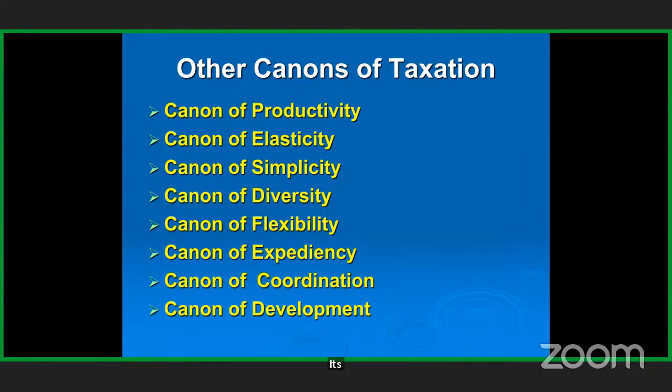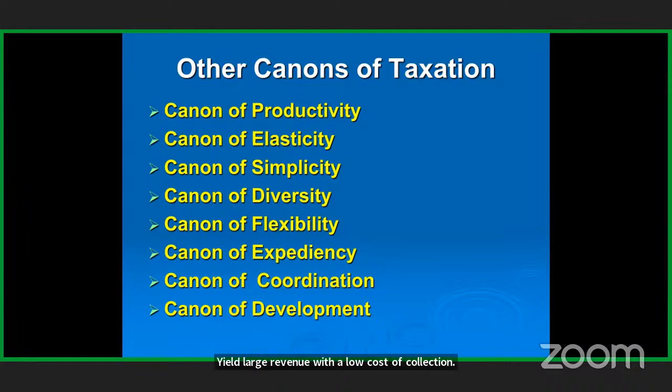It is known as canon of productivity. Instead of taxing a multitude of items yielding small revenue involving high cost of collection, it would be advisable to depend on few items of taxation which yield large revenue with a low cost of collection.